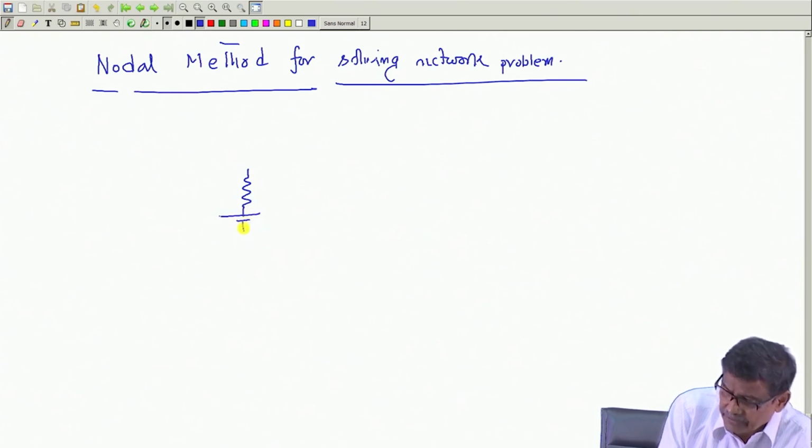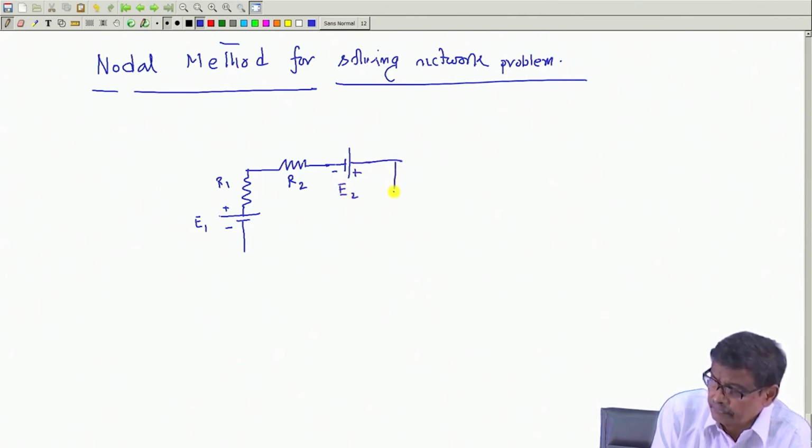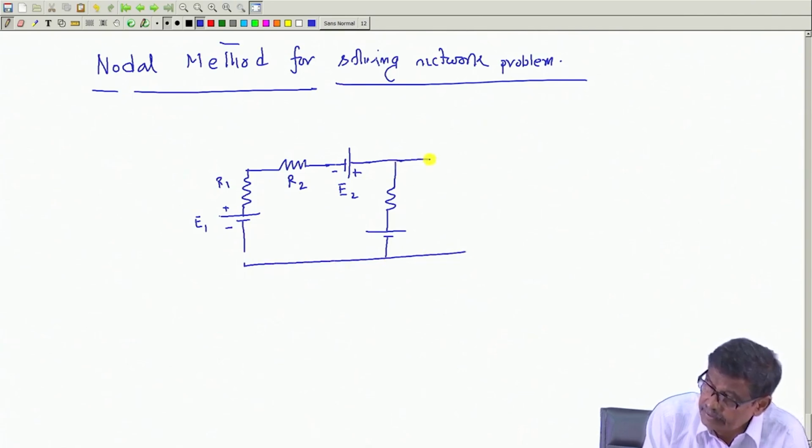Suppose, and first I will write down in terms of variables, I mean symbols, E 1, this is R 1, this is R 2, let there be another voltage source here, it does not matter, E 2, there is voltage here, voltage there, and there is resistance here and another resistance there.